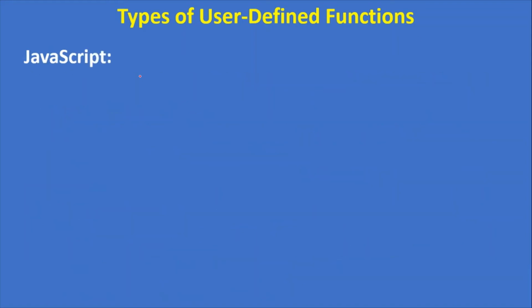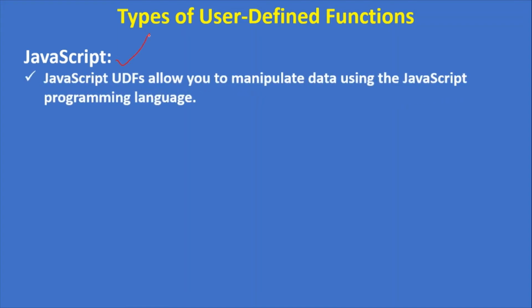The second type is the JavaScript user defined function or UDF. A JavaScript UDF allows you to manipulate data using the JavaScript programming language. If you want to use JavaScript as part of your user defined functions, it is because in Snowflake we don't have if or loop control structures inside a SQL function or SQL stored procedure.